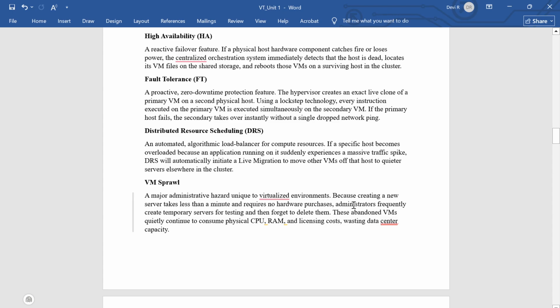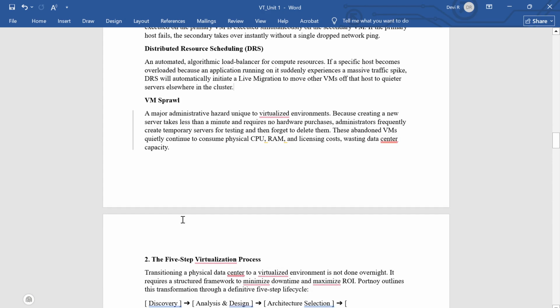Creating a new server requires no hardware purchase. Administrators frequently create temporary servers for testing purposes and then forget to delete them. These abandoned VMs quietly continue to consume physical CPU, RAM, and licensing cost, wasting data center capacity.